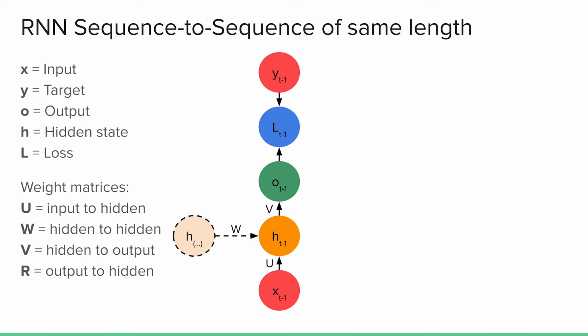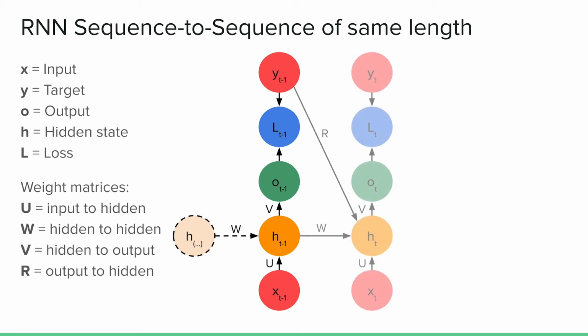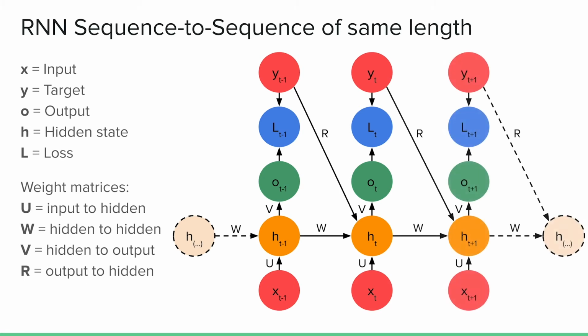We can compute the loss when we compare it to the target, and we take in the next input. We also have this output to hidden connection again with teacher forcing, where we feed that back to our next step, and we produce the second output, and so on and so forth. So you can repeat this, and for each input we produce one output.